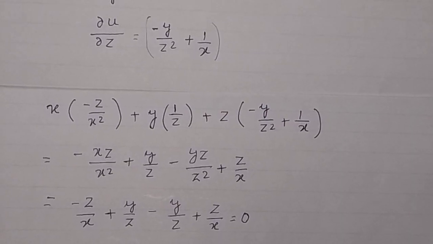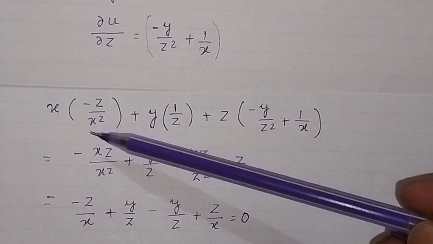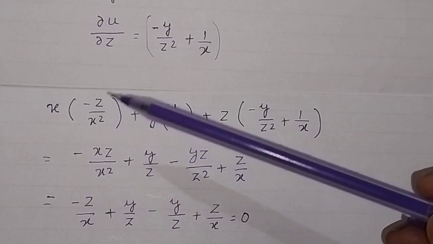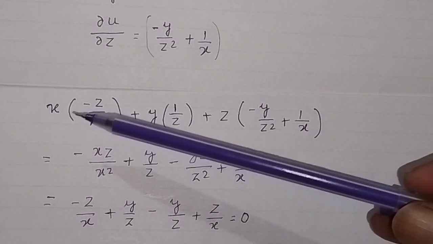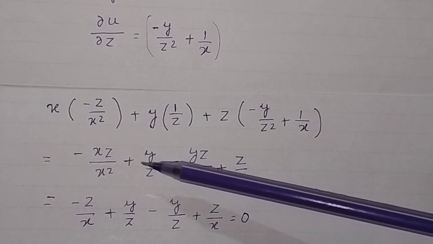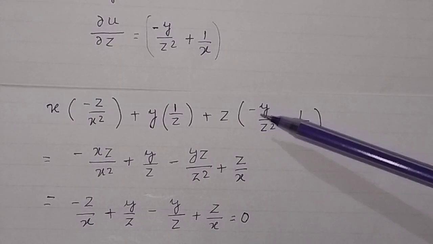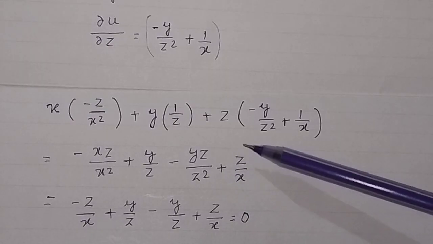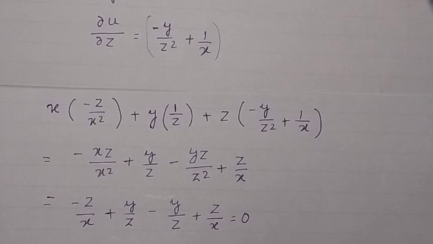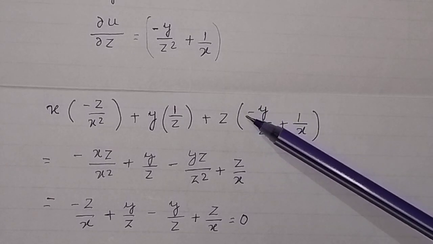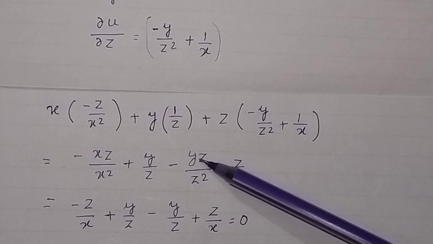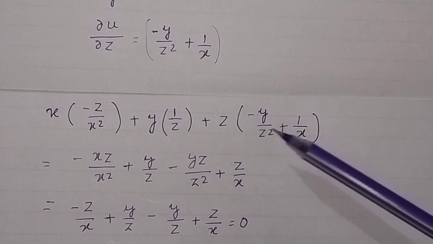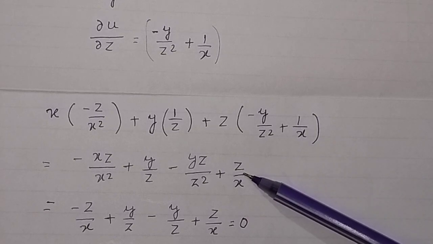If you solve it, the first term will be equal to minus xz divided by x square, plus y divided by z, then minus yz divided by z square, and multiplying z to 1 by x gives z by x.